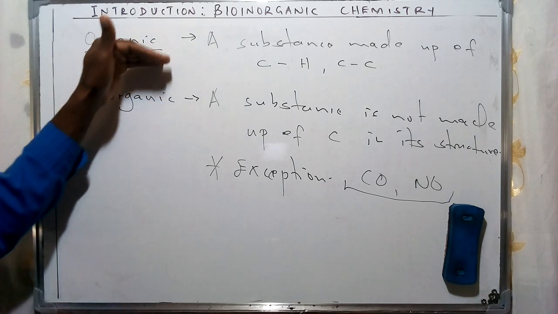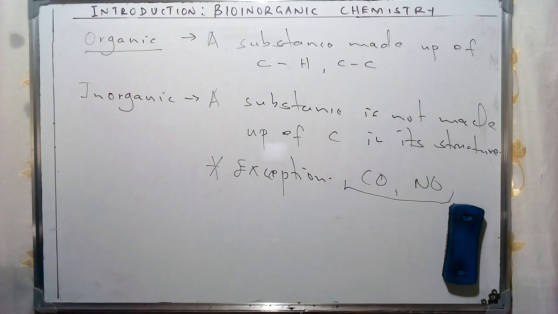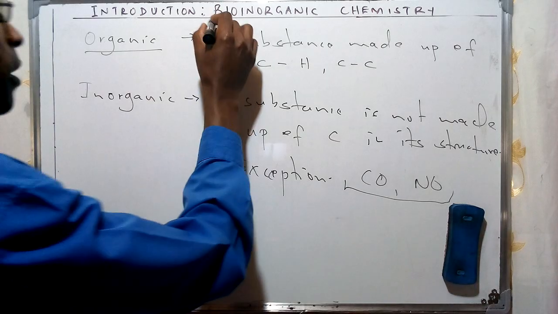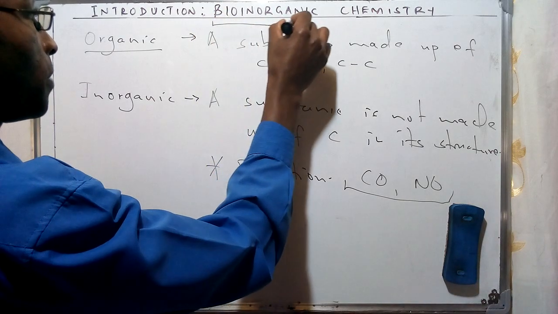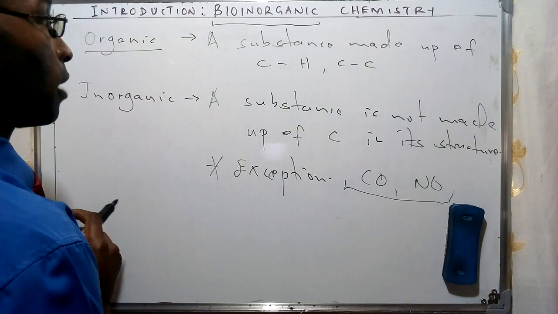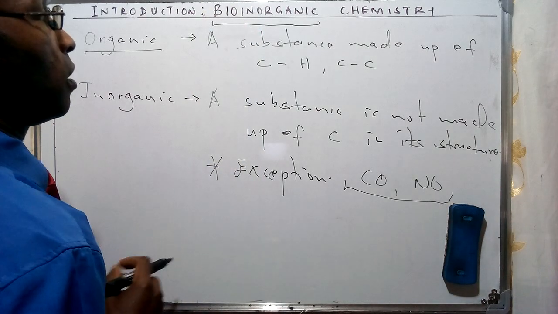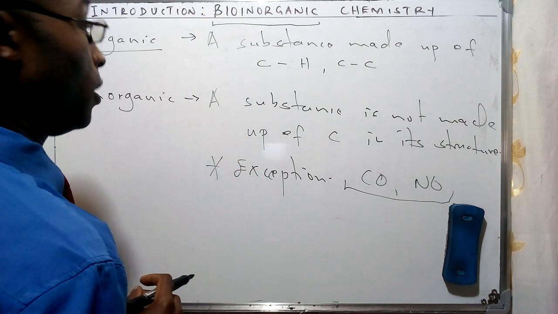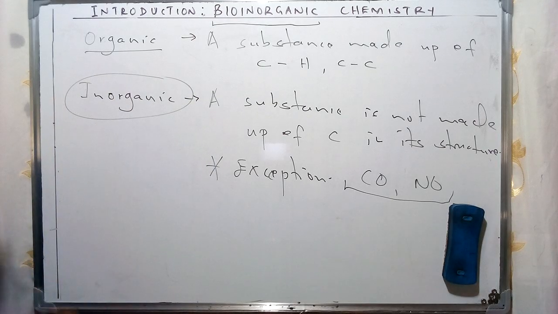Now, we have differentiated between these two concepts. In order for us to look at this aspect of bioinorganic, it's a combination of two terms, which are bio and inorganic. So we are going to rely on this set of substances which we have defined as inorganic, and bioinorganic, which will help us understand this concept.